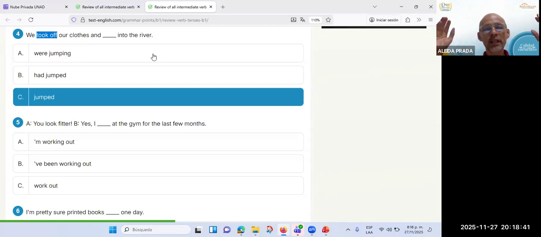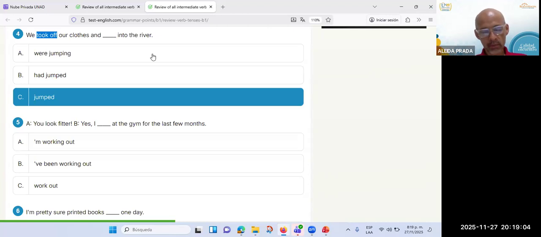We can say, in English, put on or put off regarding clothes, ¿no? Cuando hablamos de ropa, en inglés podemos utilizar los verbos put on, de ponernos ropa, vestirnos, or put off, quitarnos ropa o desvestirnos. Or we can use the verb take.